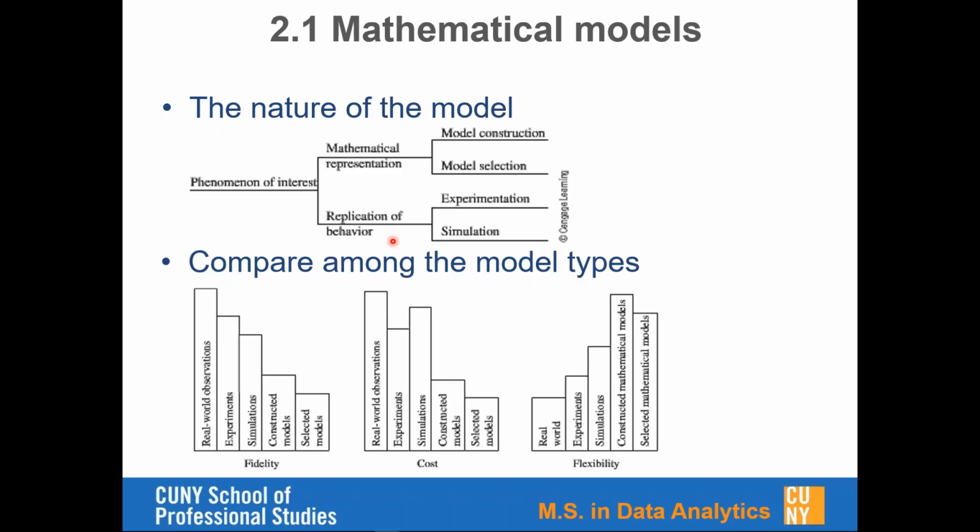So if you think about all these different types here, there is a discussion, which is essentially what I just discussed. From the cost perspective, real-world observations are probably much harder to do, and model-wise, it's less expensive. But from the fidelity perspective, if you have a lot of real-world observations, it has more value in that regard. Your models potentially could be misleading, could have less fidelity to the real-world observations.